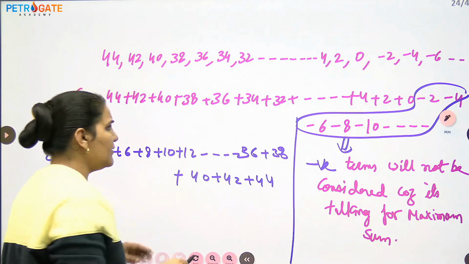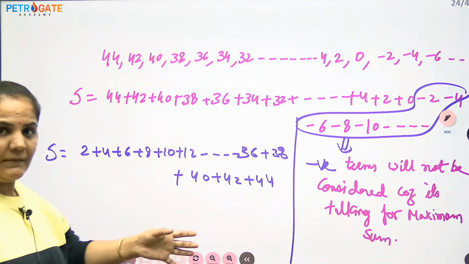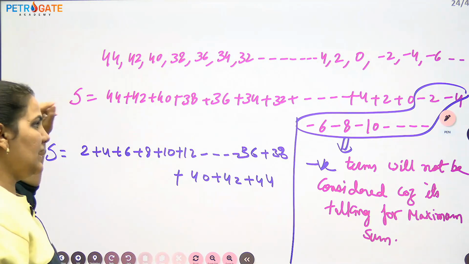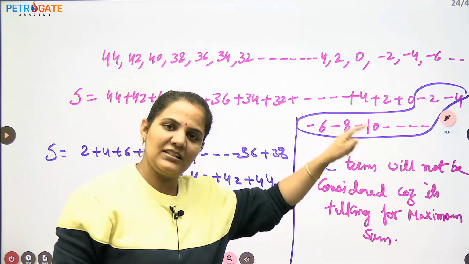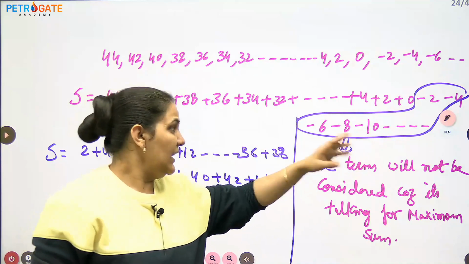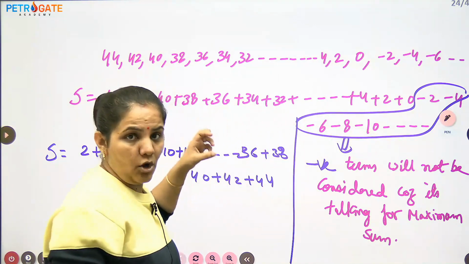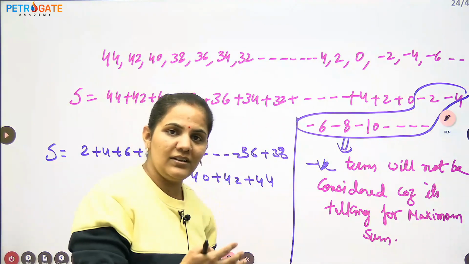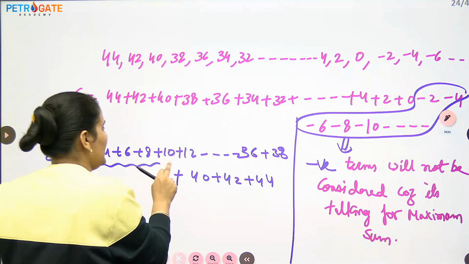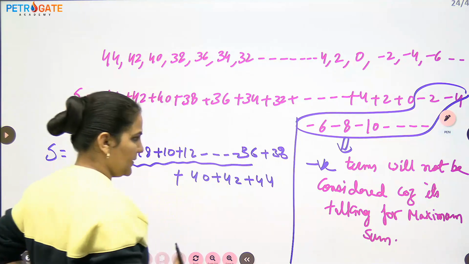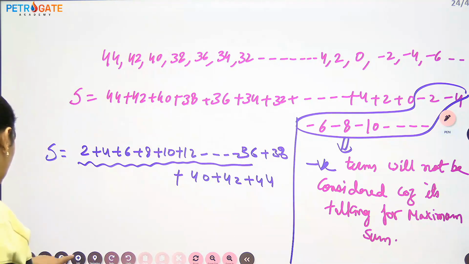We can write it in a simple manner. Even if I find the sum starting from 44, 42, 40, I can also go with the forward sequence: 2, 4, 6, 8, 10, 12. So we have to find the sum of this particular series.